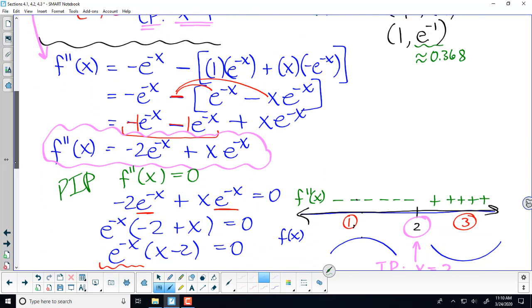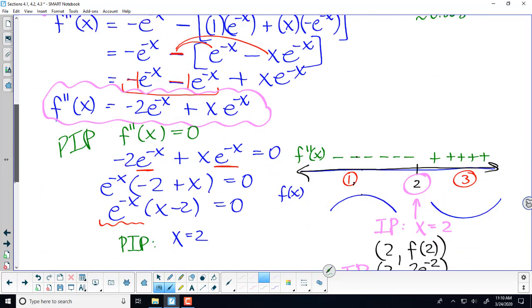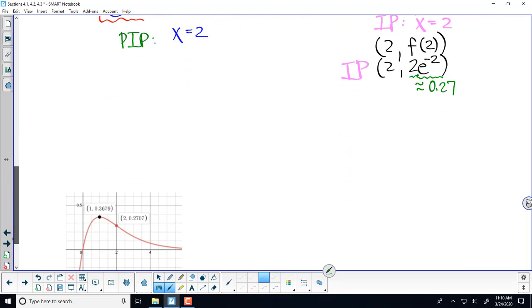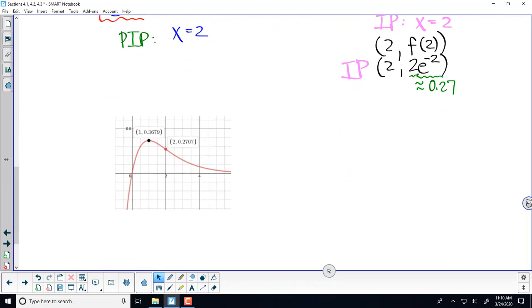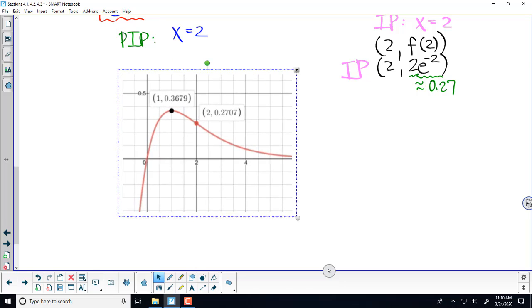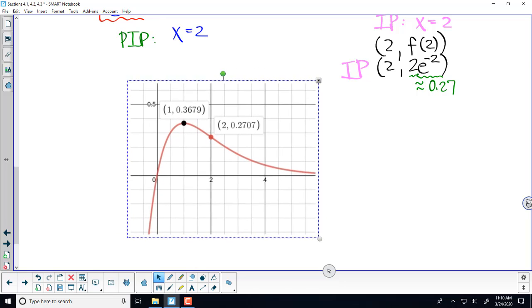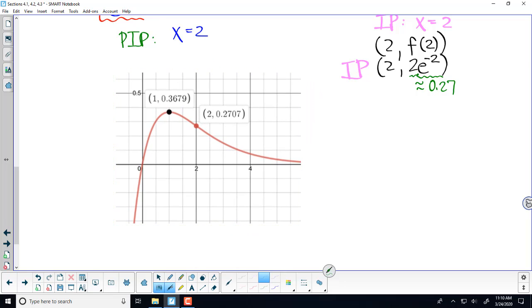Putting those two together, which is really hard to show on one screen, here's the graph. Another fancy Desmos graph. I love Desmos. So what have we got here? We've got our critical point at 1, which is a max.